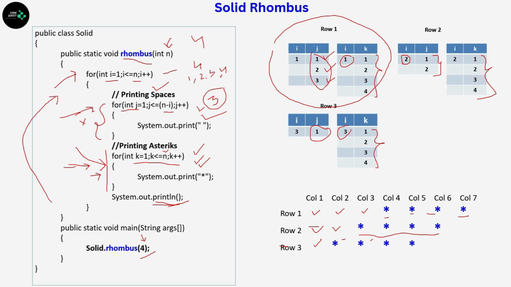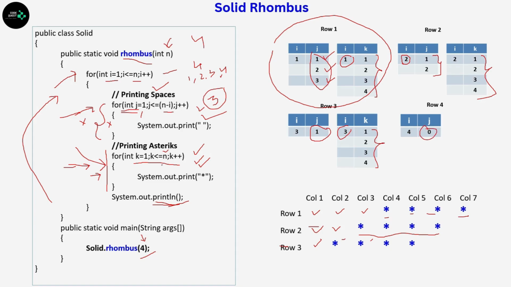and now the iteration goes up to the outer loop, where the I value is going to begin from 4. Because I value is 4 now, this inner loop which starts with 1, n minus I means 4 minus 4, that is 0. Which means this for loop is not at all going to execute, so we are not going to get any spaces.